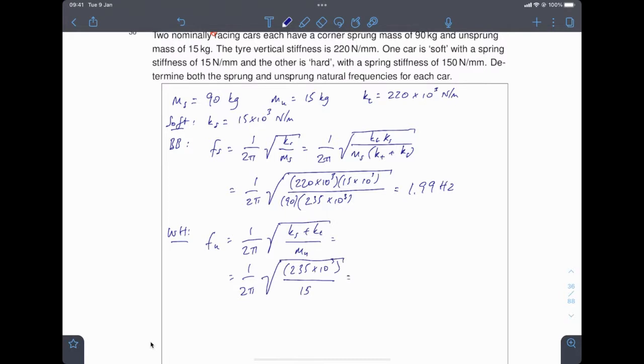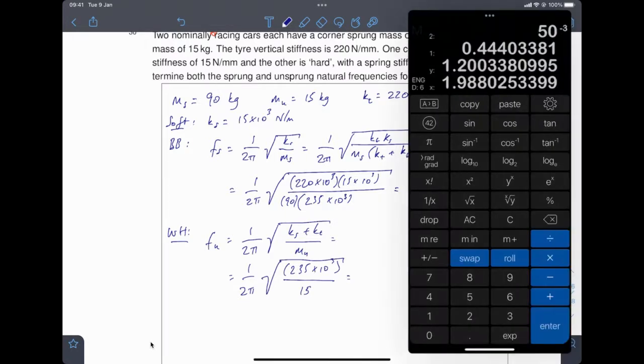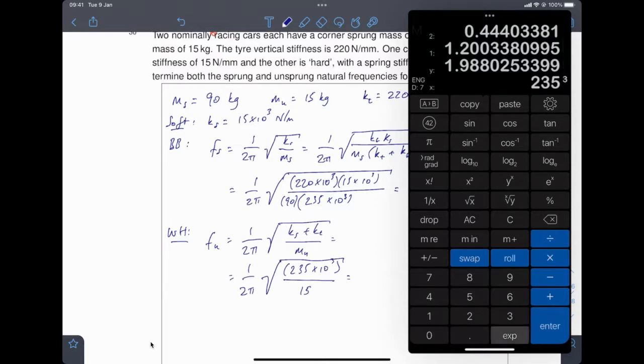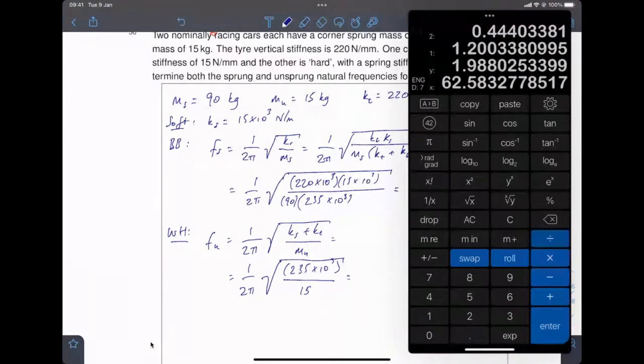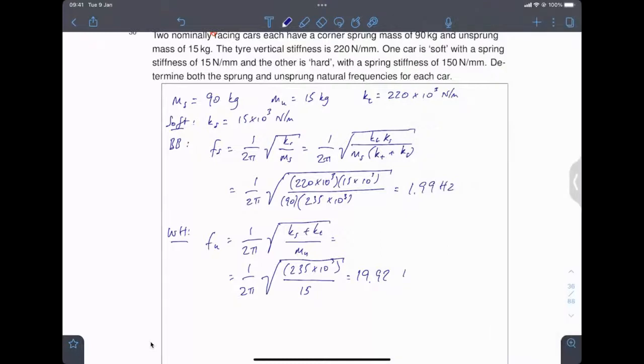So again, 235 E3 over 15, and that gives 19.92 hertz. So that's for the soft vehicle.